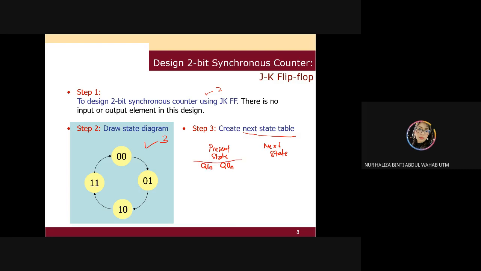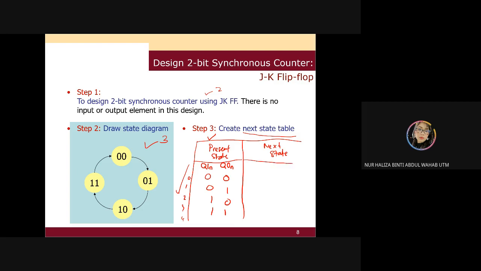Okay? You're going to have 0, 0, 0, 1, 1, 0, 1, 1. You always follow the flow 0, 1, 2, 3, 4, 5, and so on until 15, or whatever number depending on how many bits you have.